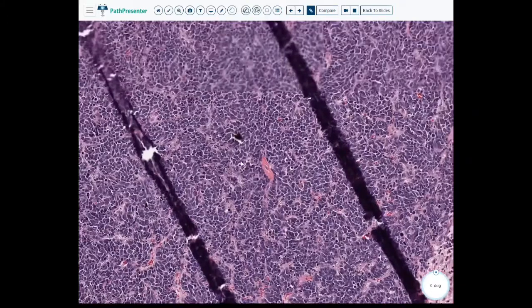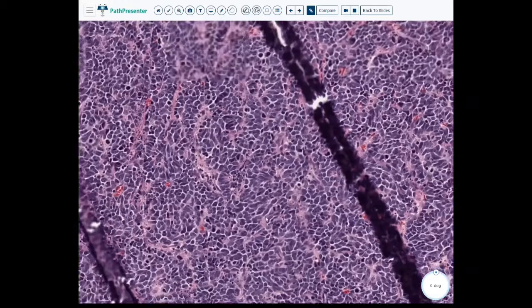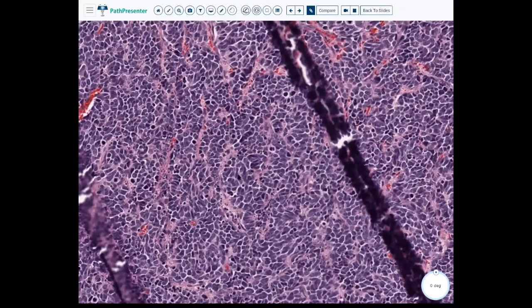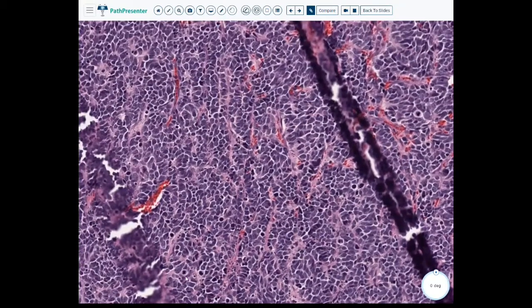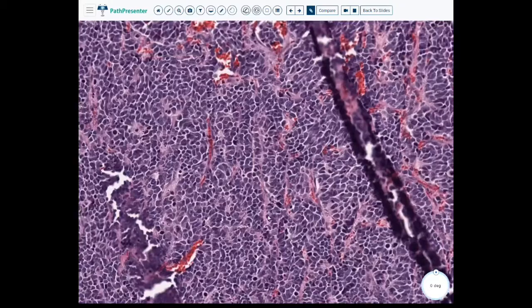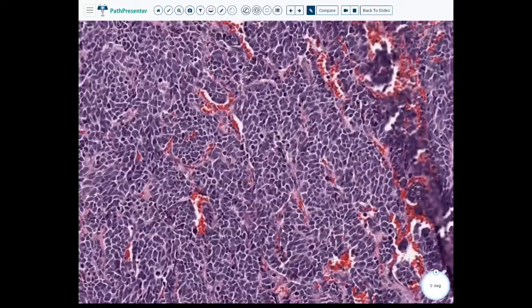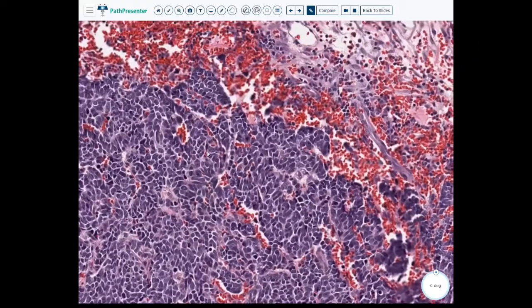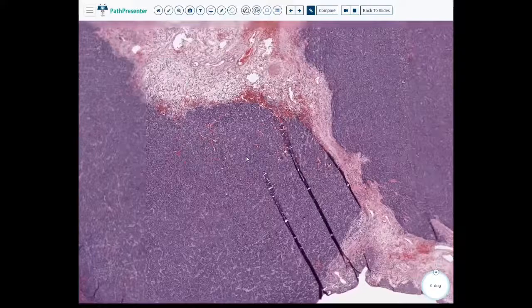And again, we see these cords more than nests of really hyperchromatic cells with nuclear molding, some apoptotic bodies, lots of apoptotic bodies. I'm certain there's going to be a lot of mitotic activity within here. So this is another example of small cell carcinoma within the bladder.